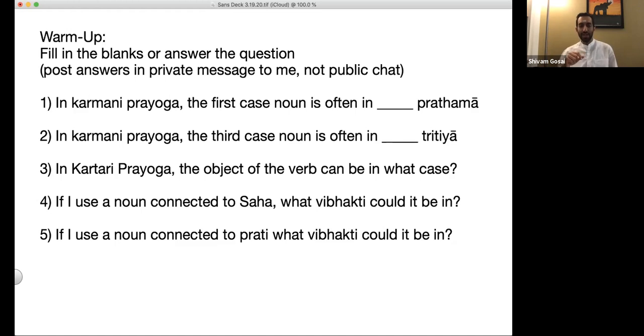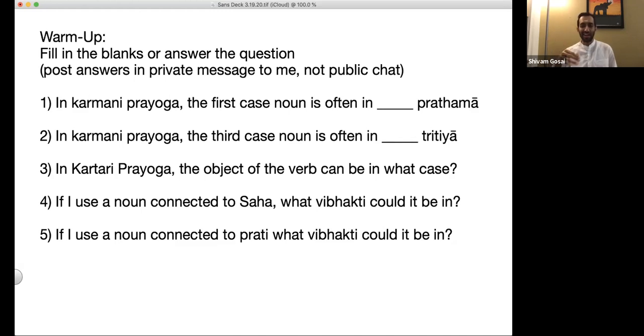Number three, in Kartari Prayoga, so now an active voice, the object of a verb can be in what case? The object is often in the second case. So it's called Karmani Dutiya. Number four, if I use a noun connected to the word saha, what vibhakti could that be in? You can raise your fingers if you know the answer. Yes, Tritiya vibhakti.